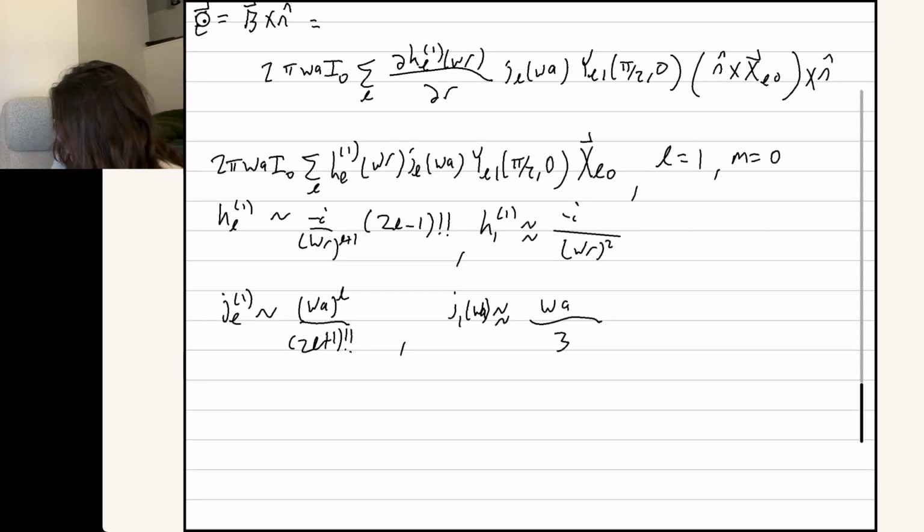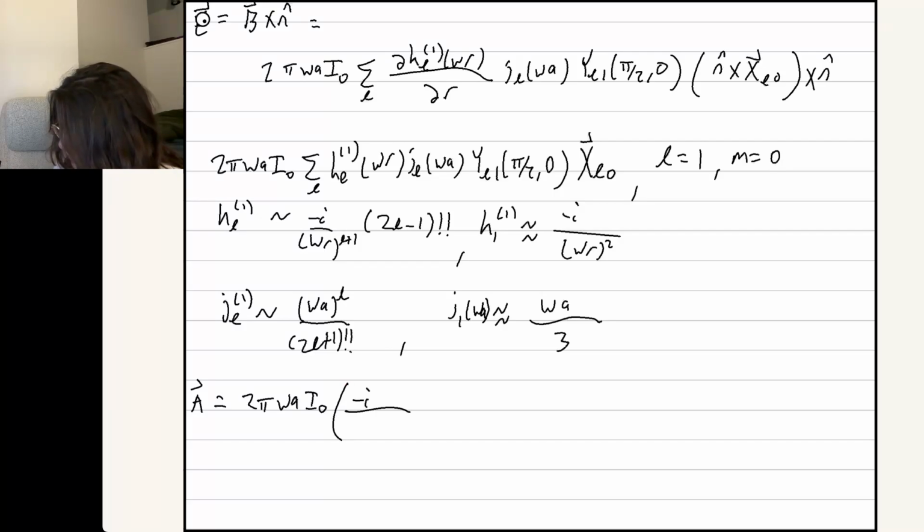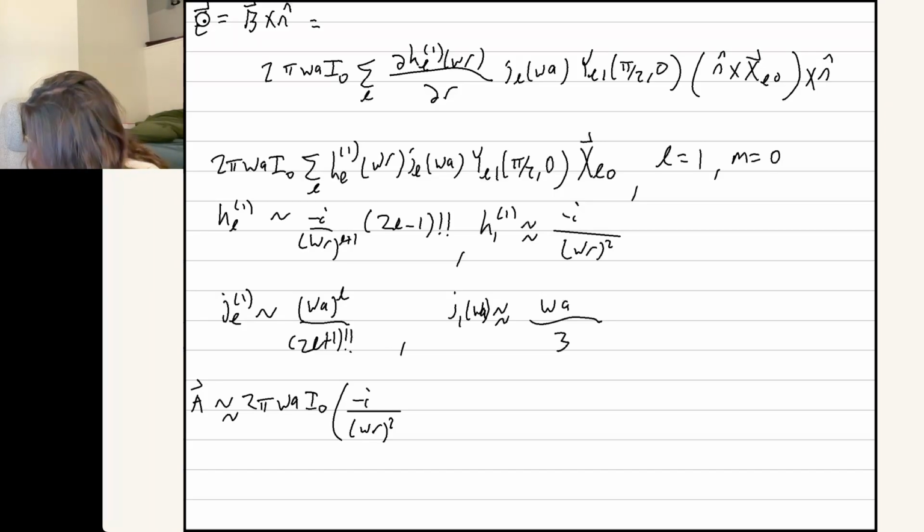Okay. And so let's put that all into our vector potential. 2π ω a I₀. We'll have minus i over (ωr)². This is a near zone approximation. Times ωa over 3.